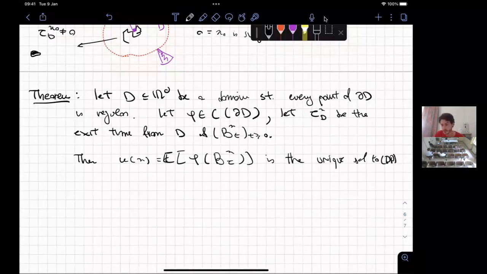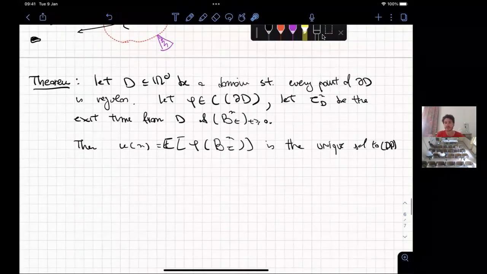So the real connection is that, okay, if we take a cool domain with a smooth boundary and continuous boundary condition, then the unique solution is actually the one given by the probabilistic representation formula. And this is quite cool. It's a nice way to relate the two things, the probability part and the PDE, and it can give insight from the two fields.